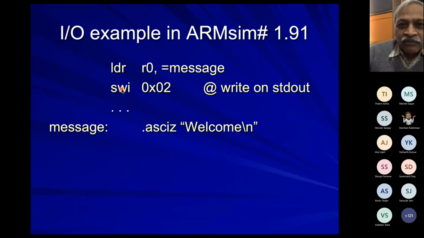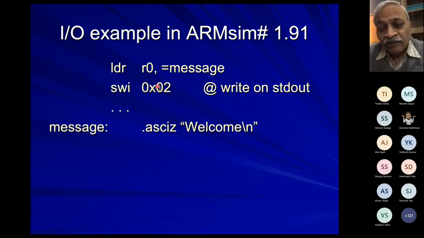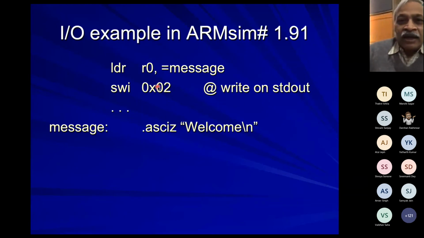The SWI instruction actually takes some parameter, some code, which could distinguish different SWI instructions. So different instructions could be used for different purposes, and in this version of the ARM simulator, this specifies different IO operations.